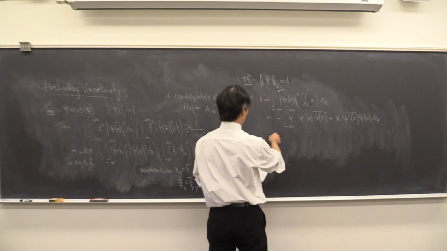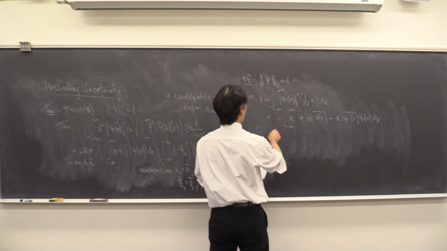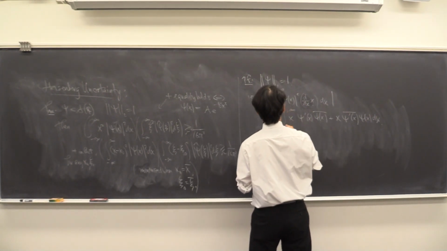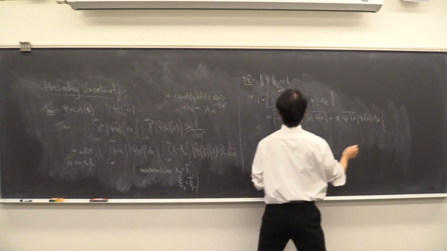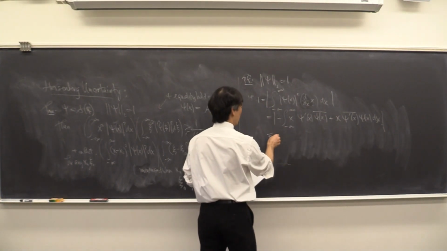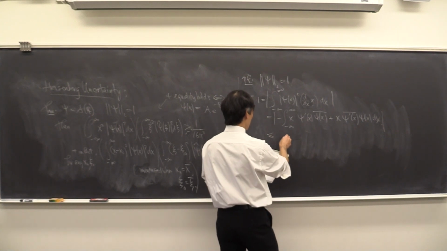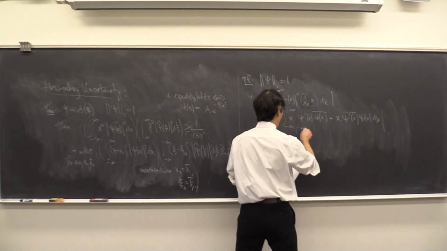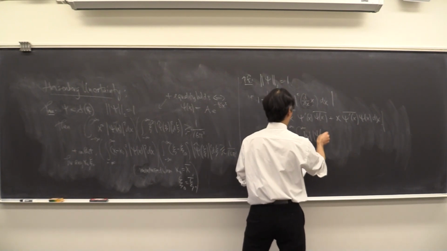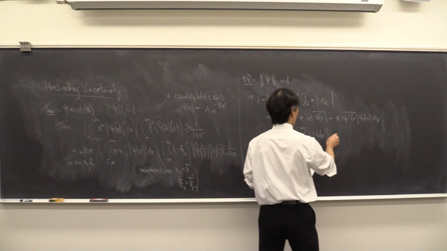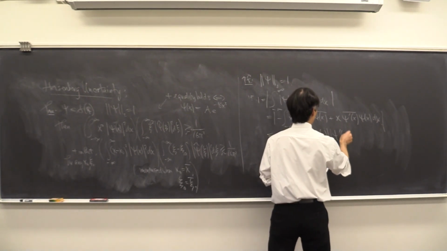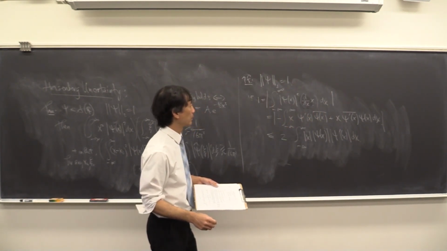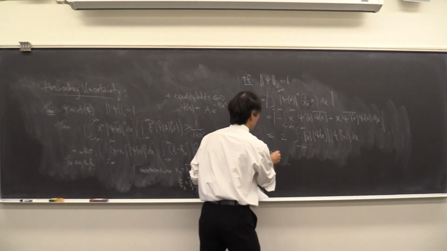If we take the absolute values and use the triangle inequality, this is less than or equal to twice the integral of the absolute value of x, psi of x, psi prime of x dx. And then we use the Cauchy-Schwartz inequality.